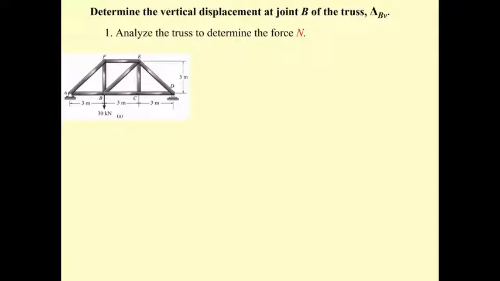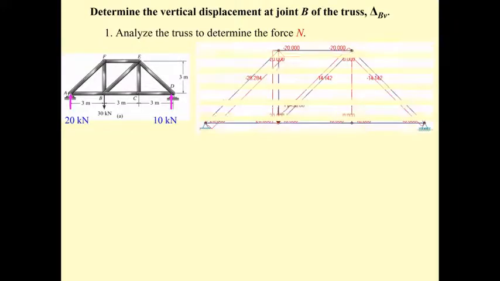Now let's see. This time I won't solve the capital N for you, but from the computer program we have the result like this. You got to see this is going to be plus 20, this is going to be plus 10, this is plus 10.